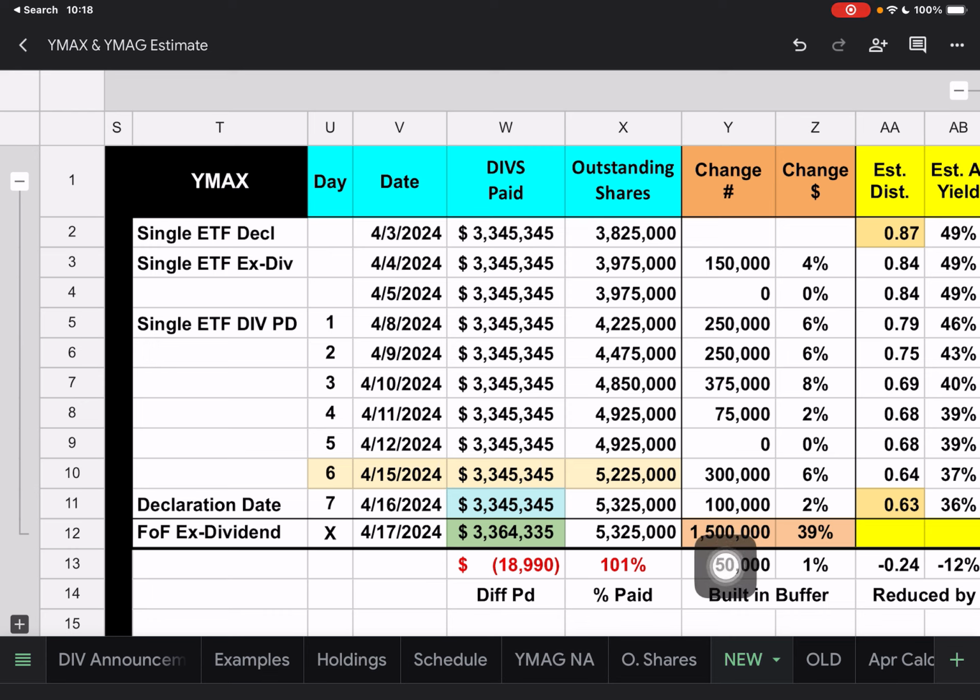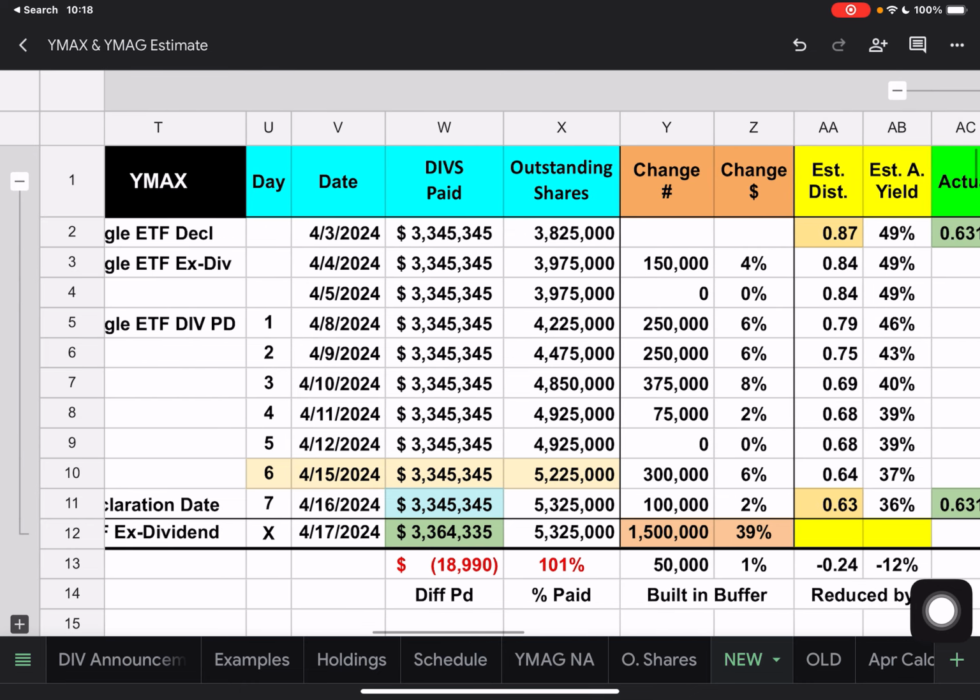So they bought in 100,000 outstanding shares there. So in the end, that ended up them paying more for distributions than what was received by 1%. And so you can see that here again, difference paid and the percentage paid, right? So 101%, so 1% more. And then, of course, we just went over the buffer.